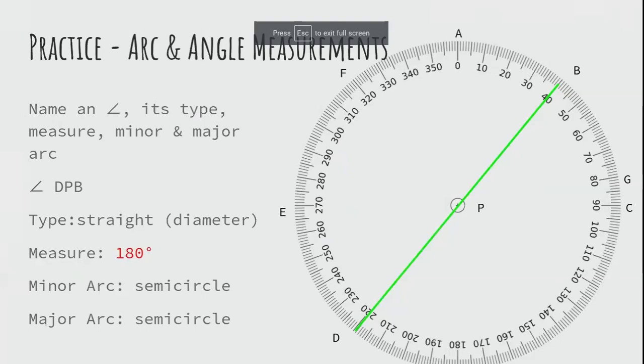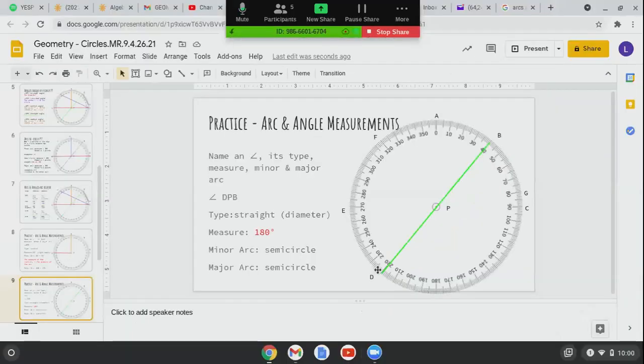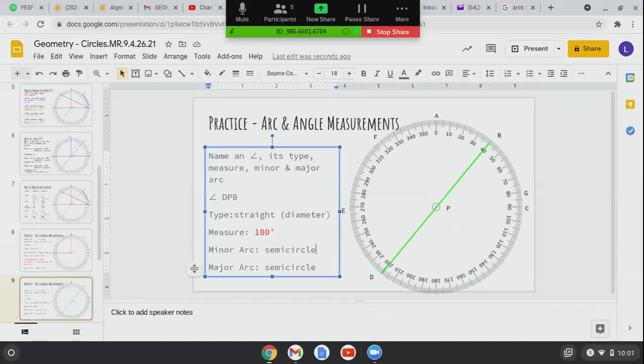I said, because it is a semicircle, you do not have a major or minor arc. You just have two parts of the semicircle. So you go up top, and you can go.